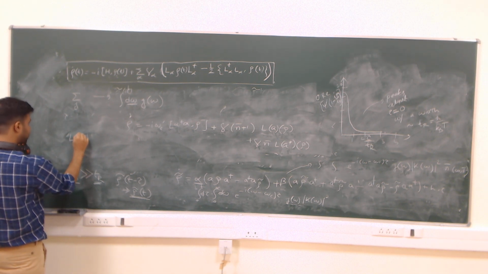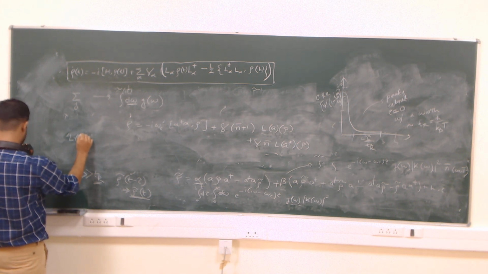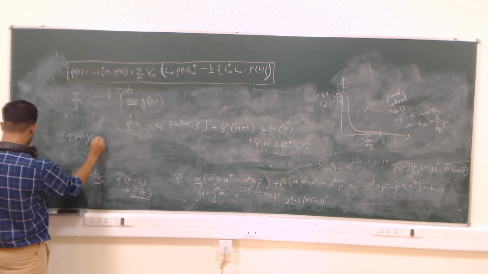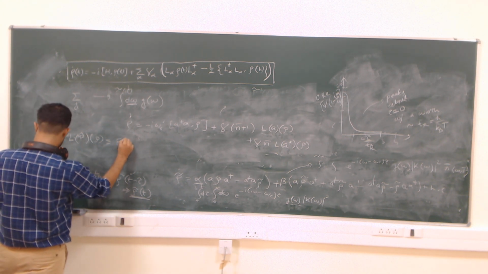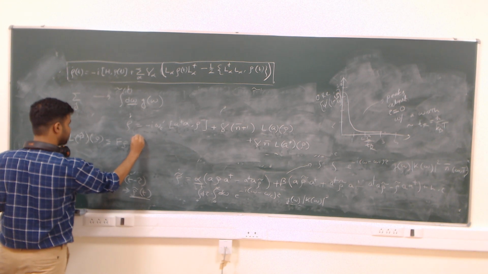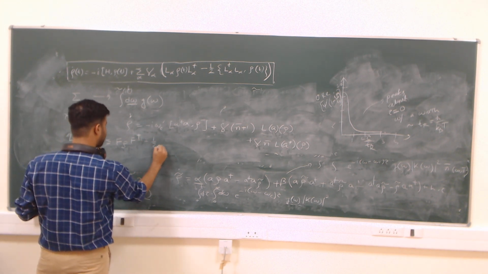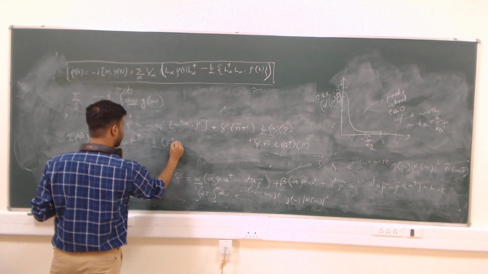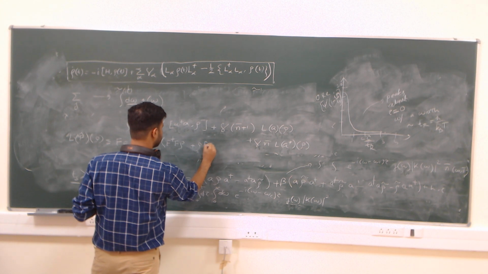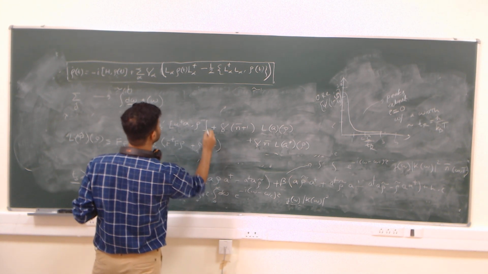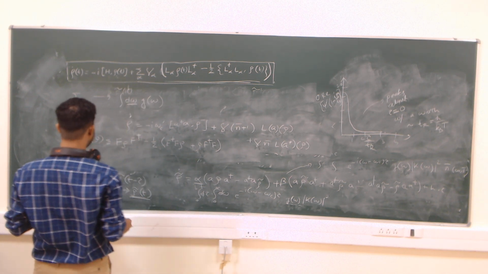L, an operator acting on rho, is defined basically as this. So the rho, which is this part of the GKSL equation that we derived the other day.